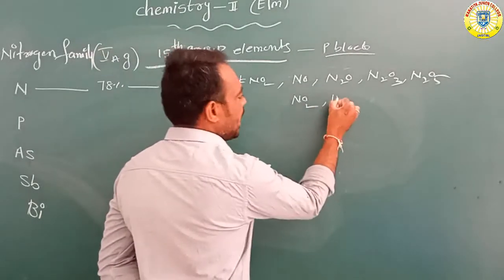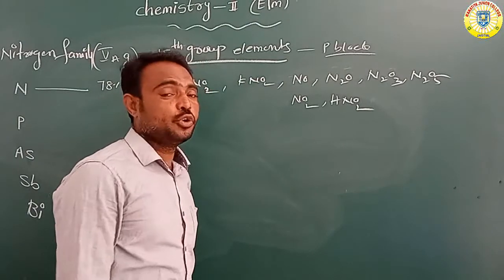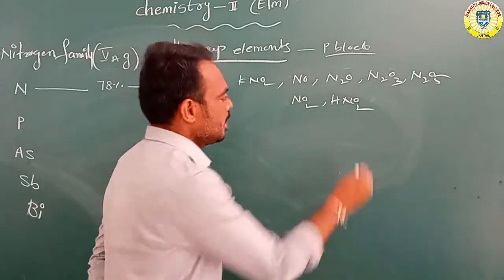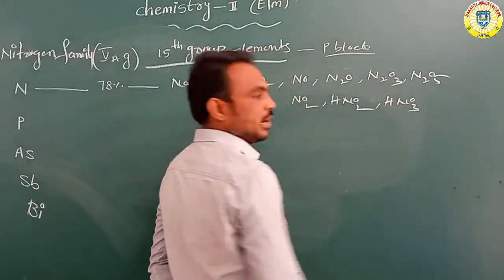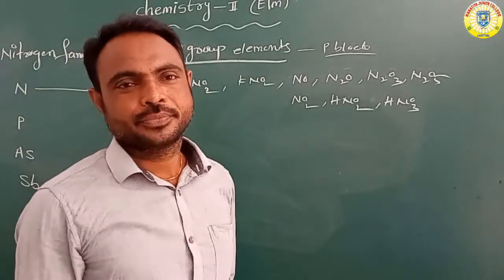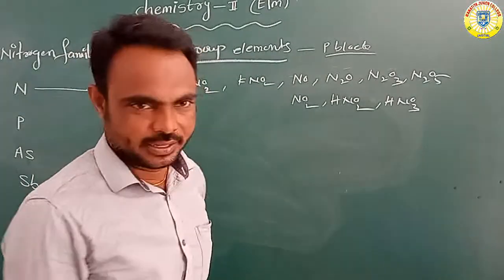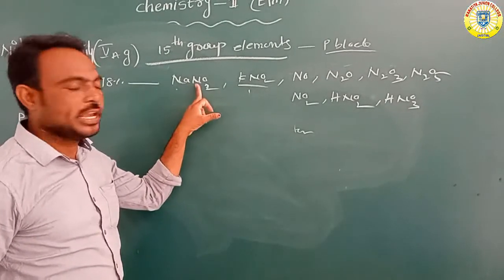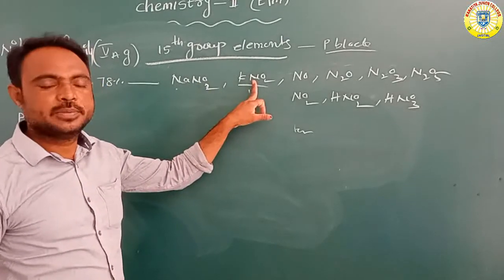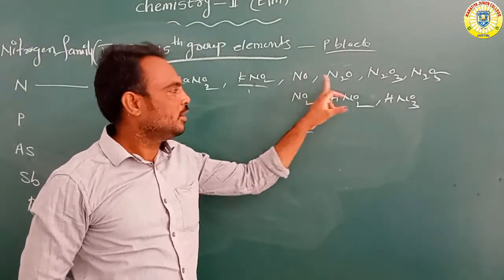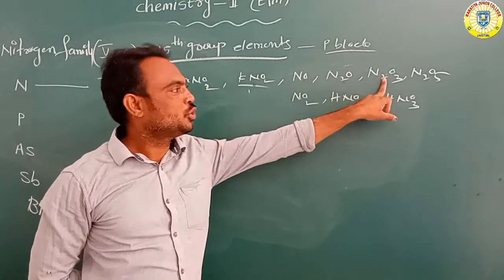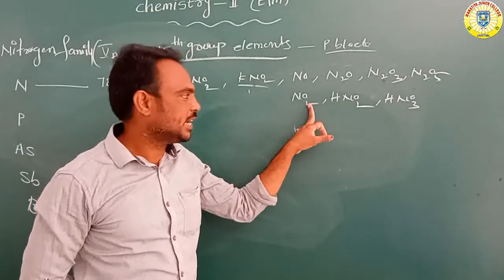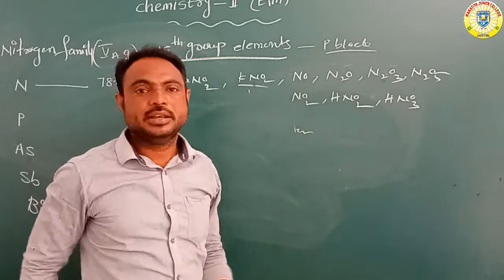Or HNO2, which means nitrous acid, and HNO3, which means nitric acid. So nitrogen is available in sodium nitrite, potassium nitrite, nitric oxide, nitrous oxide, nitrogen trioxide, nitrogen pentoxide, nitrogen dioxide, nitrous acid, and nitric acid.